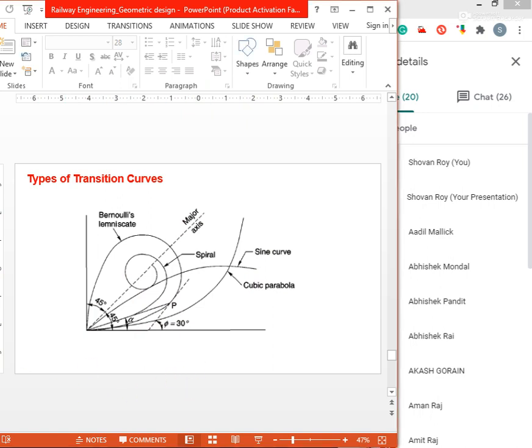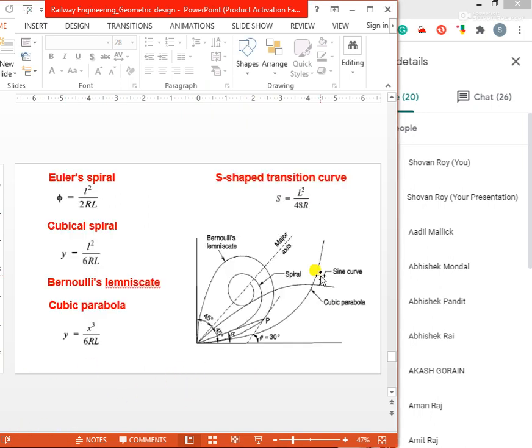If we discuss each of these types, first is Euler's spiral. Euler spiral is an ideal transition curve, but it is not preferred due to mathematical complications. This is the equation: phi equals l square by 2RL.